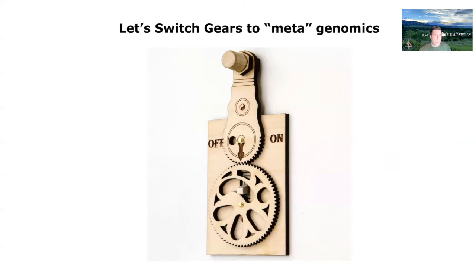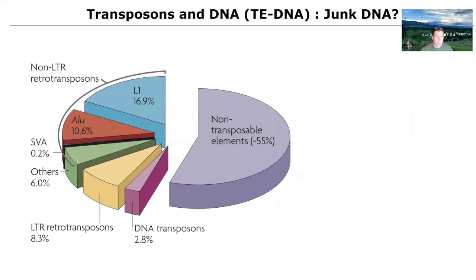But let's switch gears real quick to start discussing metaplots. We have 3 papers to read for the next class, and you'll see a lot of metaplots in there. We thought it'd be good to take some time and say, what is a metaplot and metagenomics? We use transposons as a way of introducing them and how you can start building metaplots, just like we will in class. Transposons are really cool because they comprise about half of the human genome.